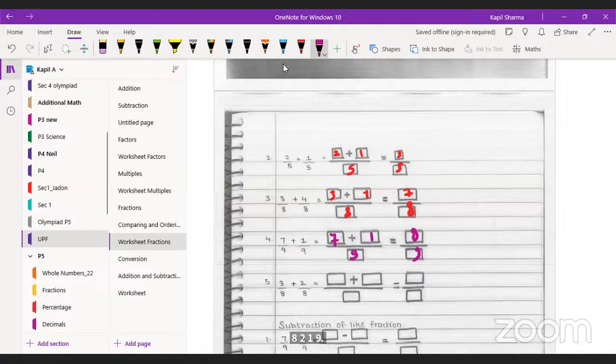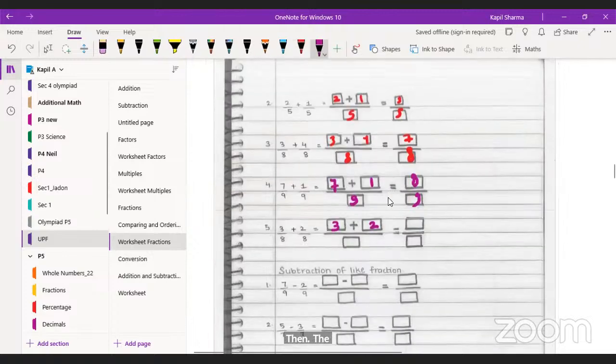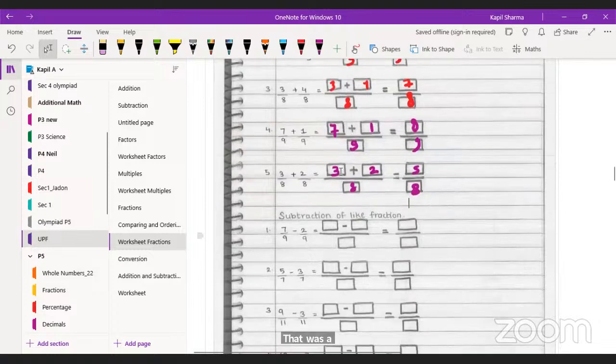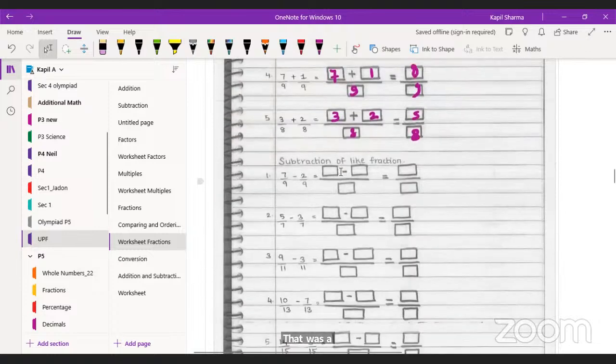Then 3 plus 2. Okay, Swastik. Yashika, 5 over 8. Okay. Now subtraction. Yes. These are pretty easy. 5 over 9. Let's just quickly finish this. 2 over 7. Okay.